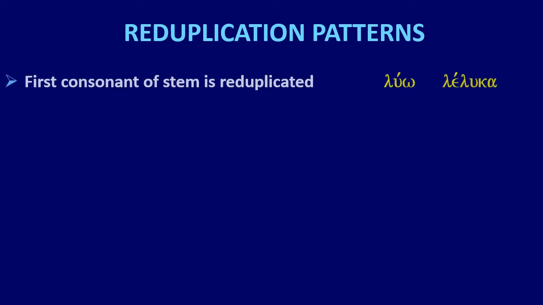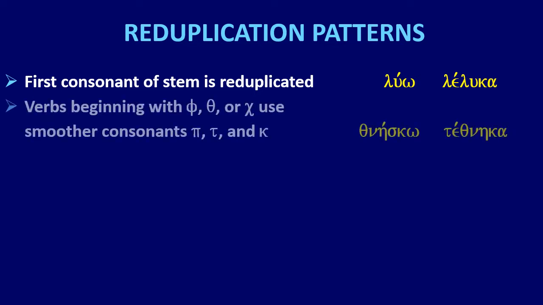One thing you'll notice as you work with perfect tense verbs is the reduplication of the stem. Now, we've seen in the previous slide the norm, and that would be for the consonant of a verb that begins, in this case, like with lambda, for that to be reduplicated with leluka.